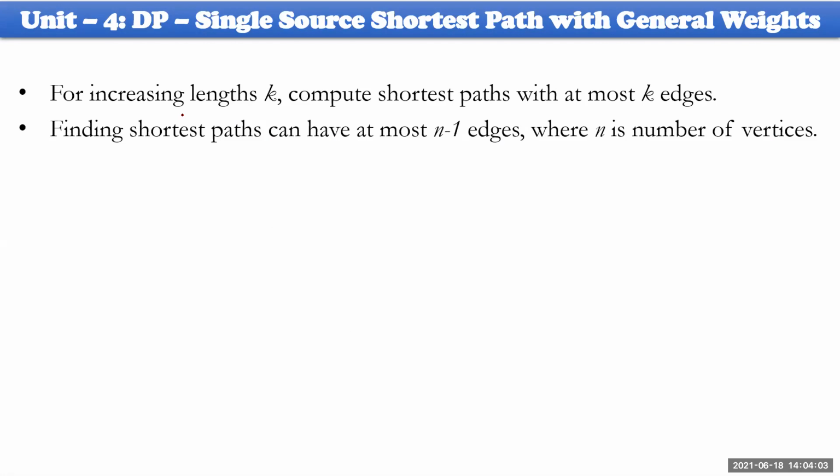if you have increasing lengths of k edges, then you are expected to find the shortest paths with at most k edges, where k is connected with the number of vertices. In other words, the shortest path can have at most n minus 1 edges.